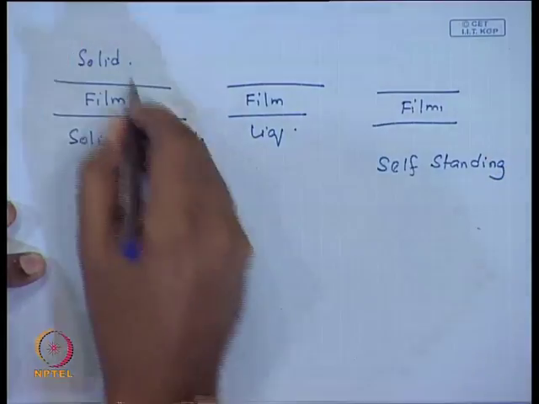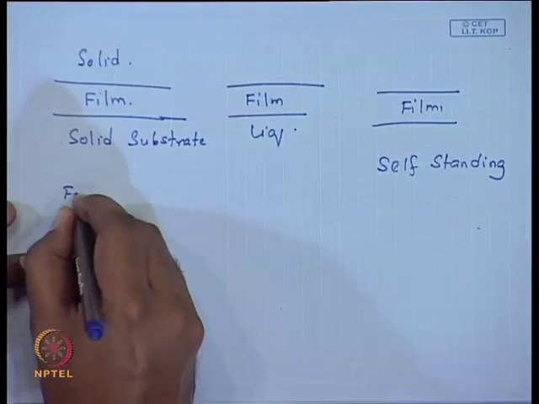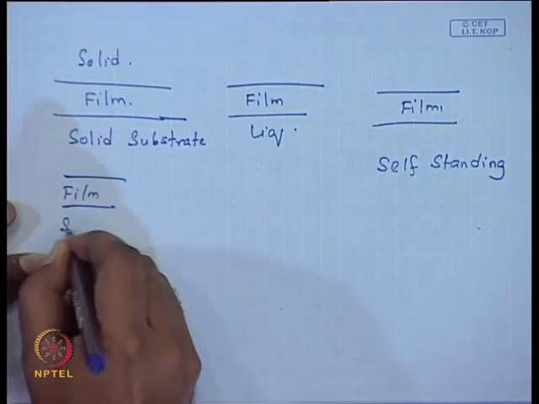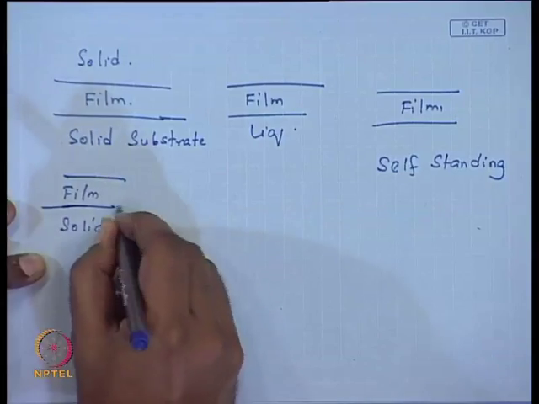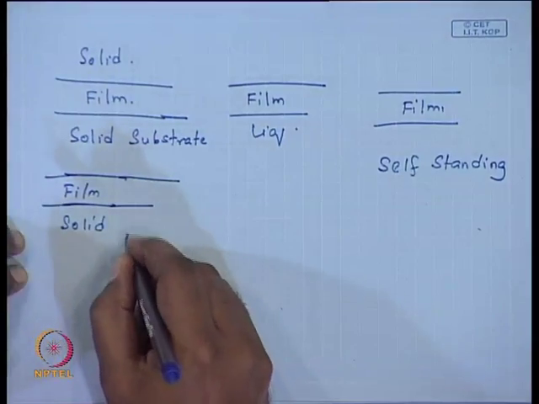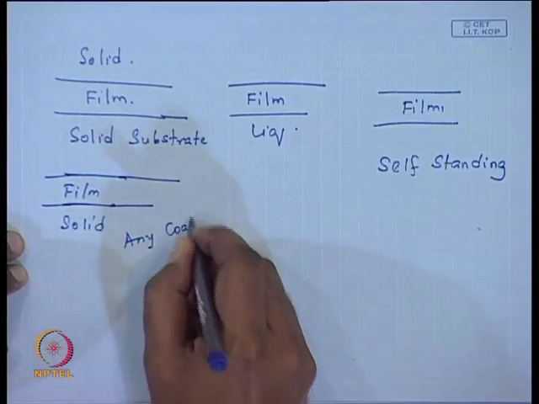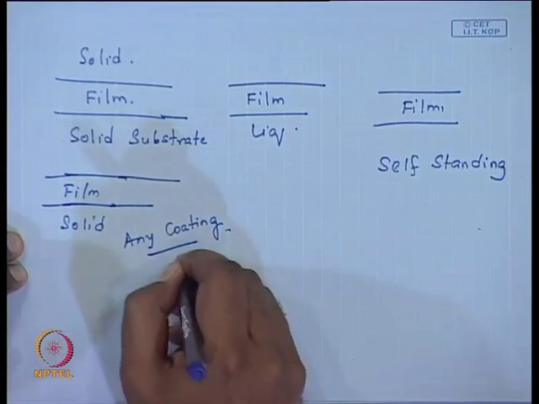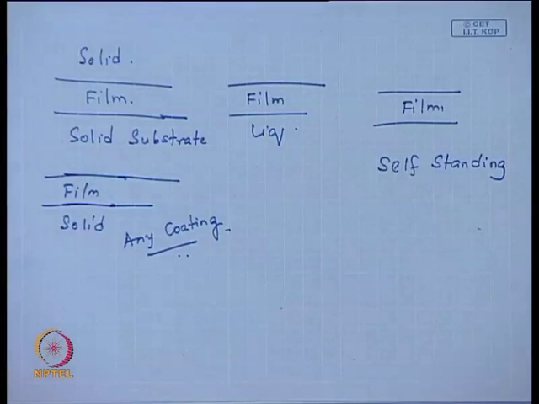You may wonder about these. A film on a solid is probably the easiest one for you to conceive. Any coating is an example of such a system. What type of coatings are we talking about? The simplest one, of course, being the paint you apply on your walls and other items.